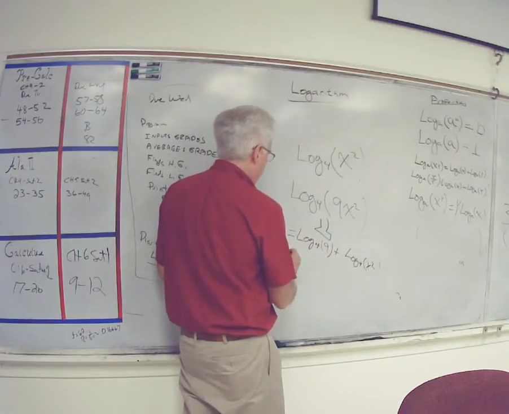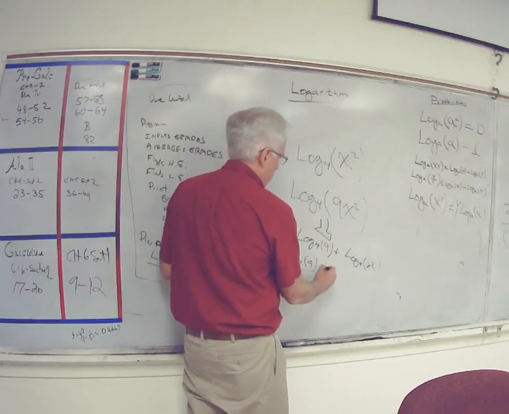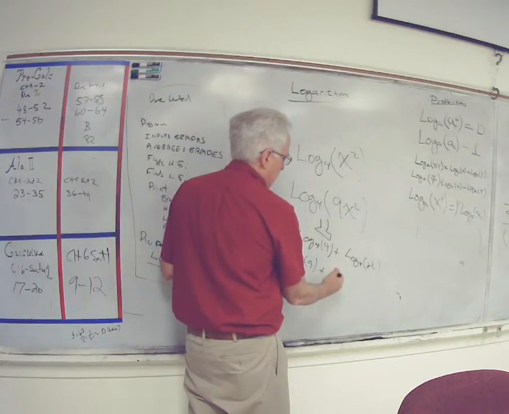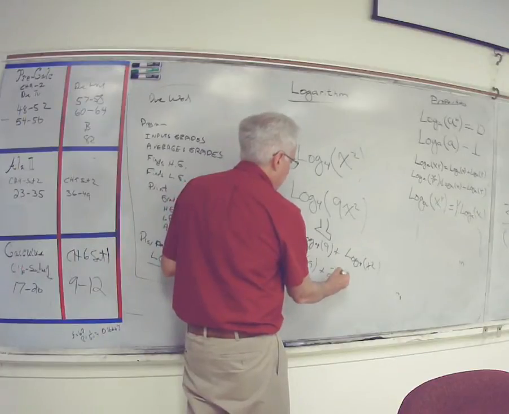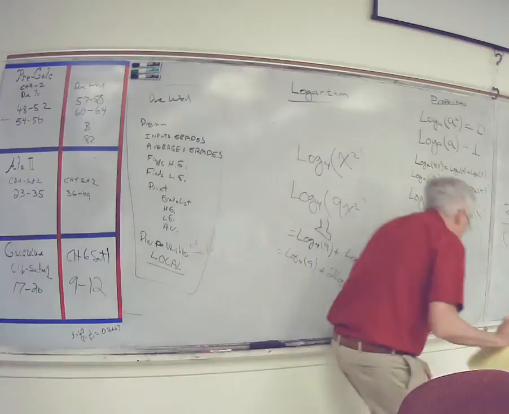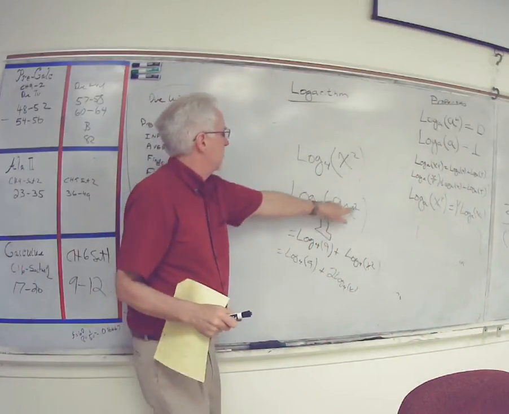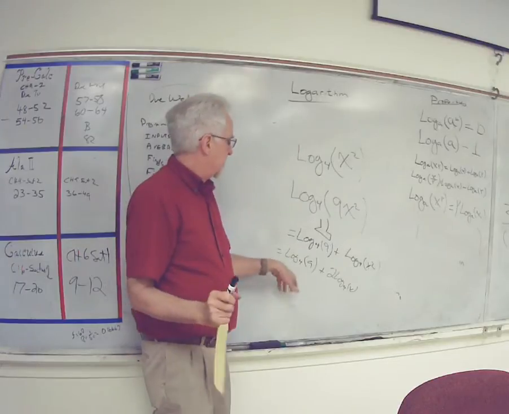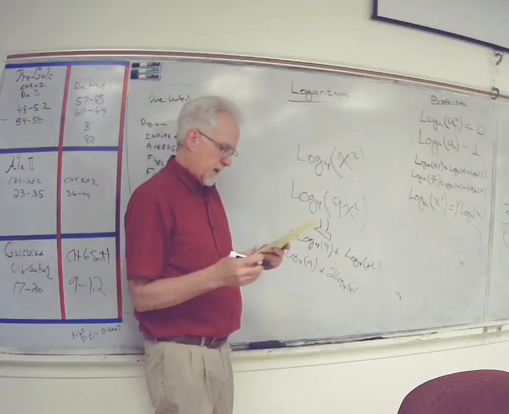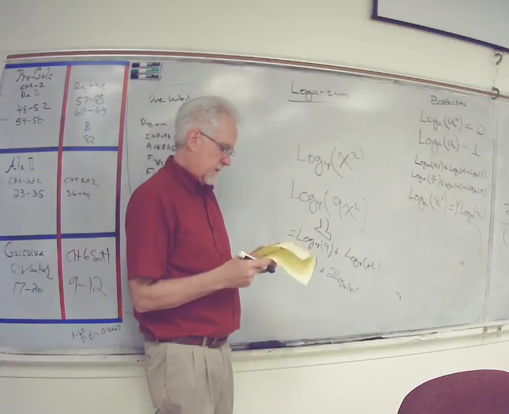Now what can you do? Plus 2 log 4 of x. Okay, but the one thing that you cannot do is bring the 2 down here. But I showed you 2 different ways that you could break the problem down.